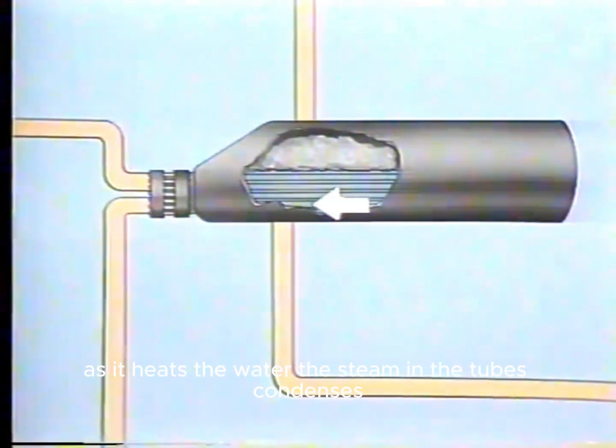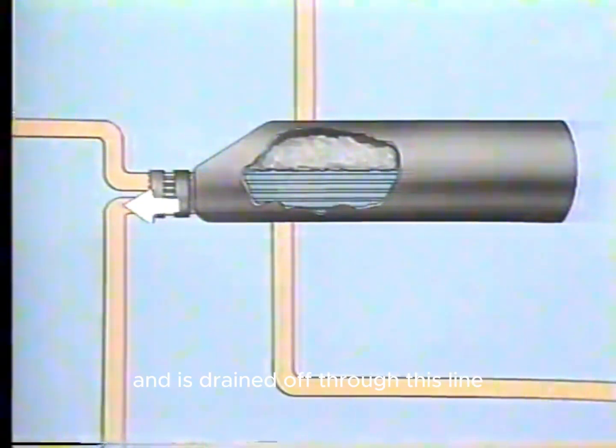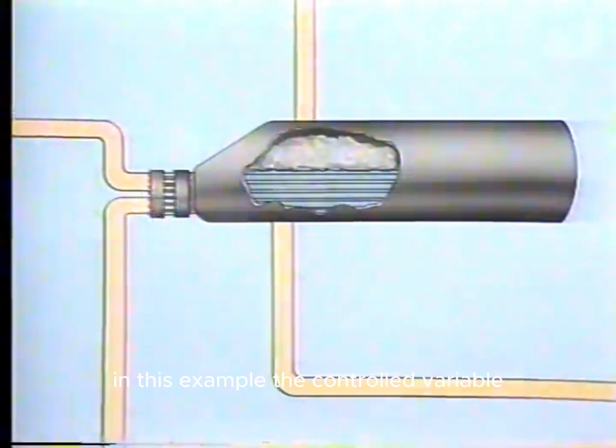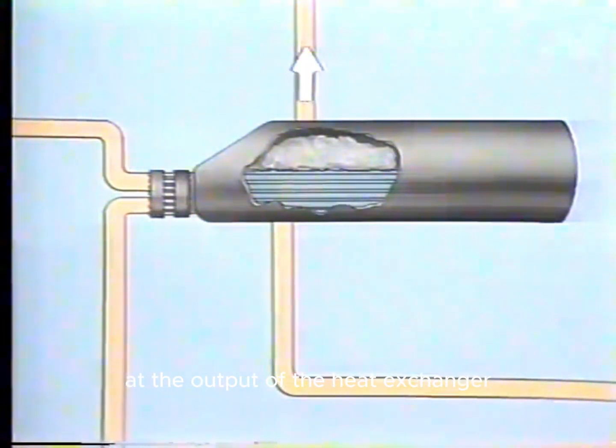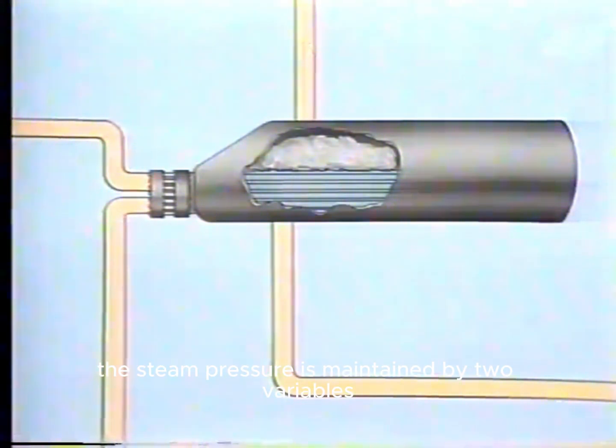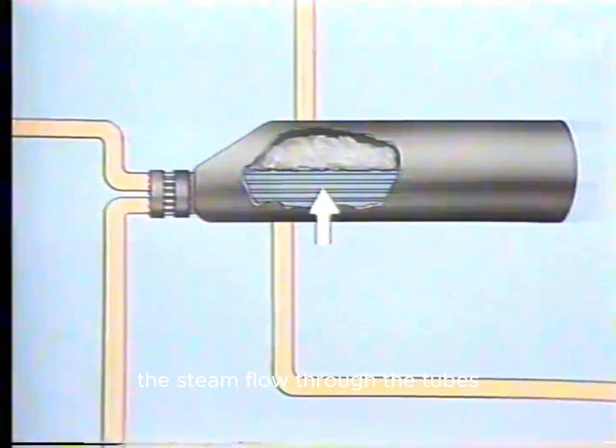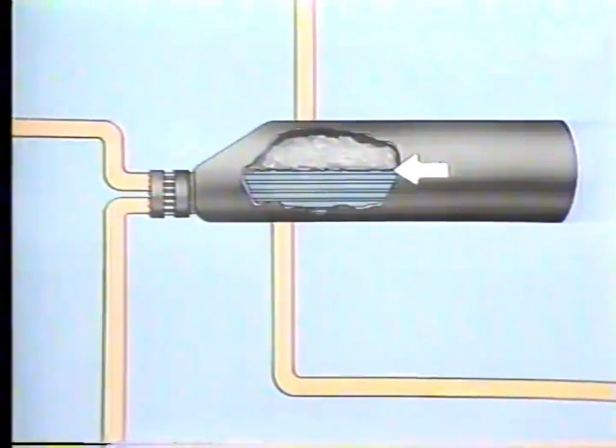As it heats the water, the steam in the tubes condenses and is drained off through this line. In this example, the controlled variable is the pressure of the steam at the output of the heat exchanger. The steam pressure is maintained by two variables: the steam flow through the tubes and the level of water in the shell.